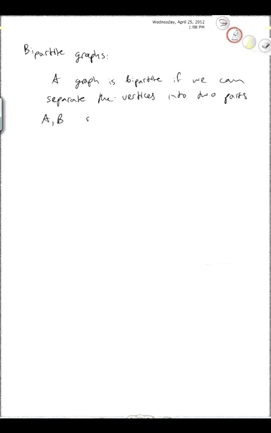A graph is bipartite if we can separate the vertices into 2 parts, let's say A and B, such that all the edges go between A and B. In terms of a picture, it would look something like this.